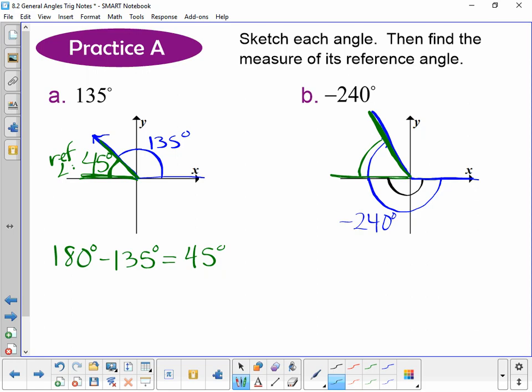The reference angle is how much more we went to get to 240, and that would be 60 degrees. You could think about taking away that 180 degrees to find that angle. And again, we don't really think about it as directional. We're not looking for if it's a negative 60 or positive 60. We're just saying that the size of the reference angle is 60 degrees.